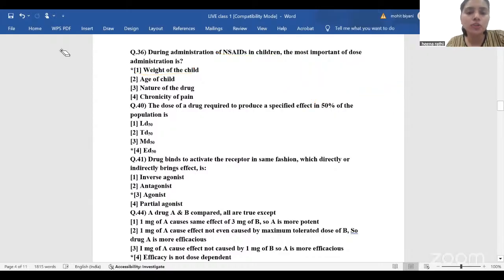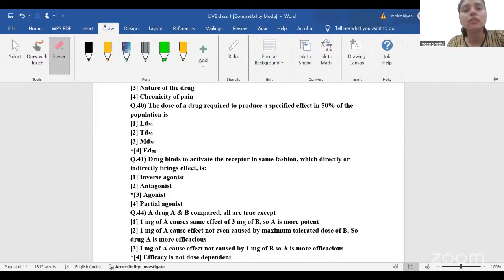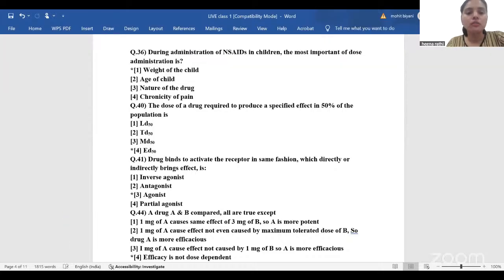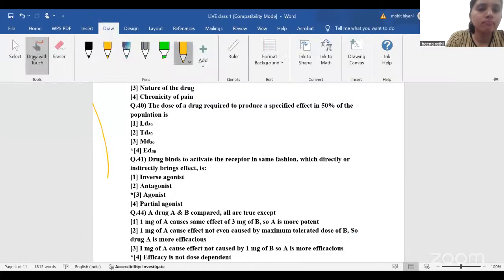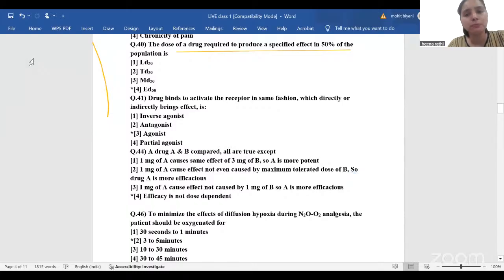The next question is, we are just discussing the important questions. We are discussing the questions which have more weightage from the concept point of view. So the next question is: the dose of a drug required to produce a specified effect in 50% of the individuals.